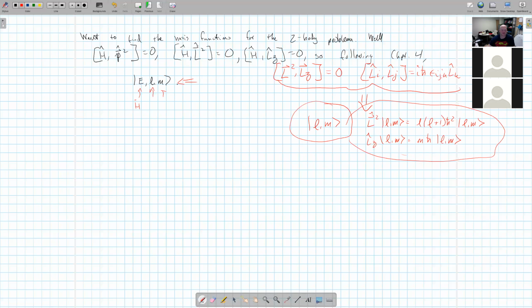This one comes from the Hamiltonian, this one comes from L squared, and this one comes from Lz. So these are our simultaneous eigenstates of the Hamiltonian, the angular momentum squared, and Lz. We're just focusing on these three here.